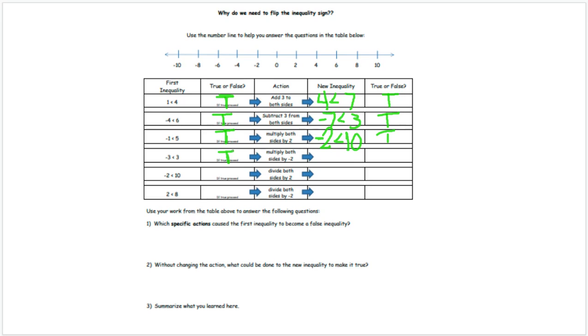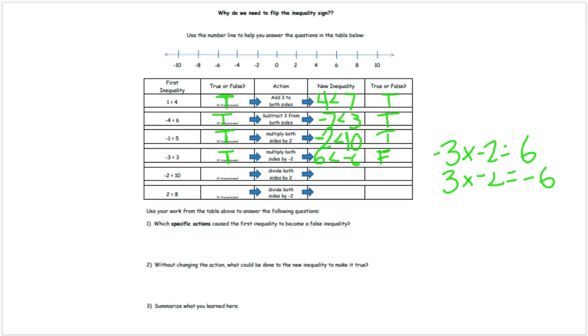So let's see. -3 times -2 gives me +6. So that's 6 is less than 3 times -2, which would give me -6. So 6 is less than -6. Well, I know that that's definitely not true. So I'm going to put false.